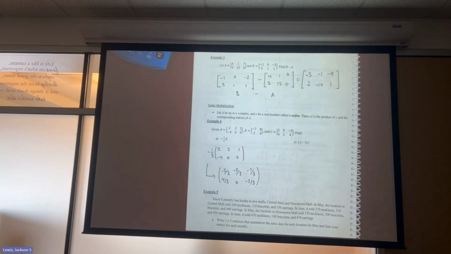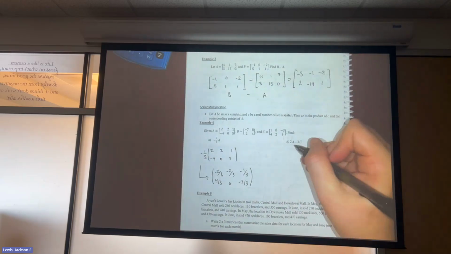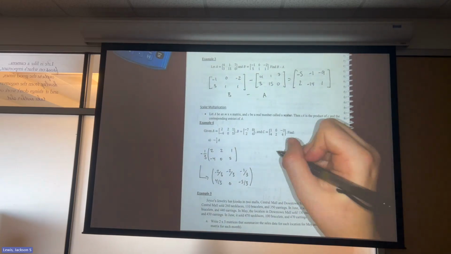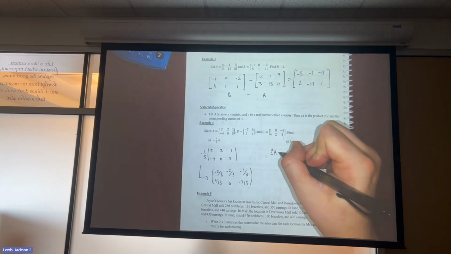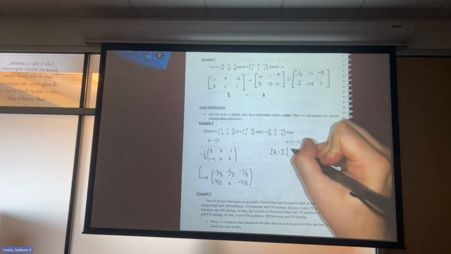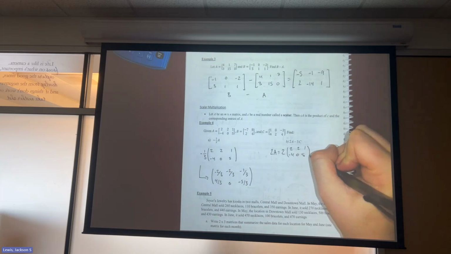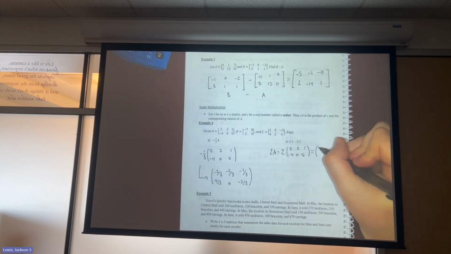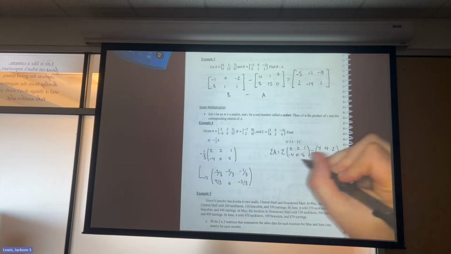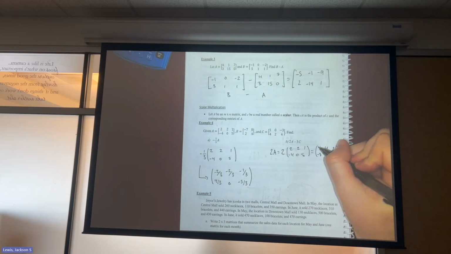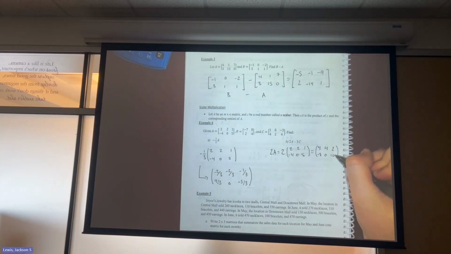Now we can multiply and subtract matrices all together in one equation. For example, 2A minus 3C. I first want to find 2A. That's 2 times 2, 2, 1, negative 4, 0, 5, which is 4, 4, 2, negative 8, 0, and 10.